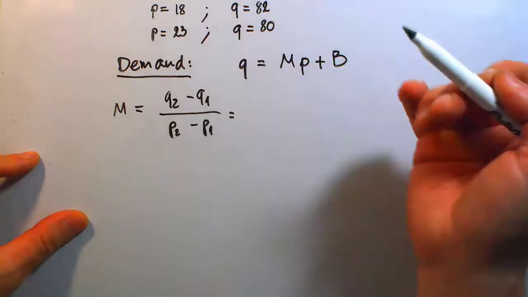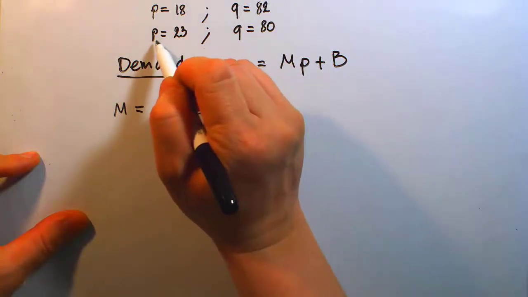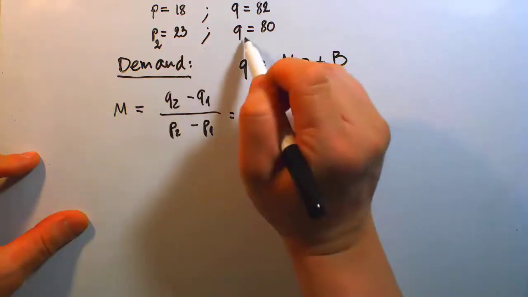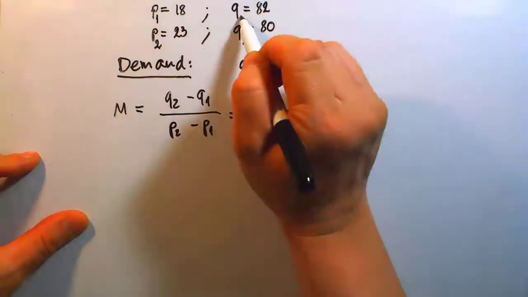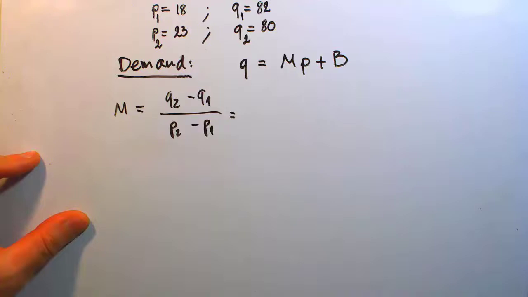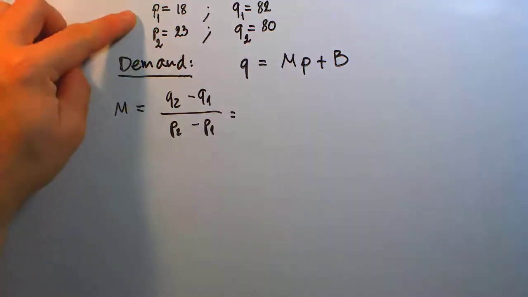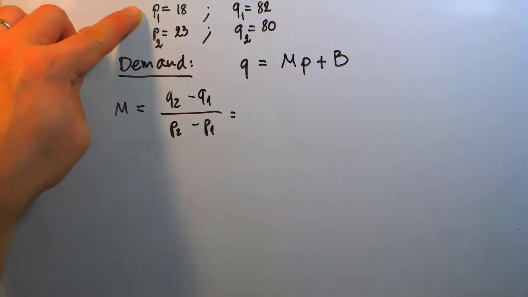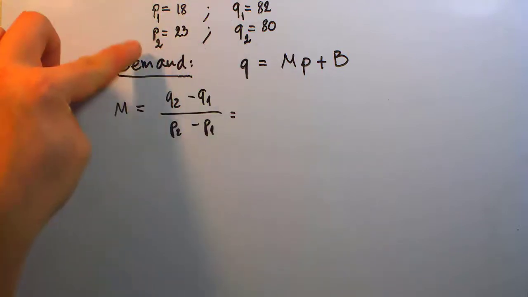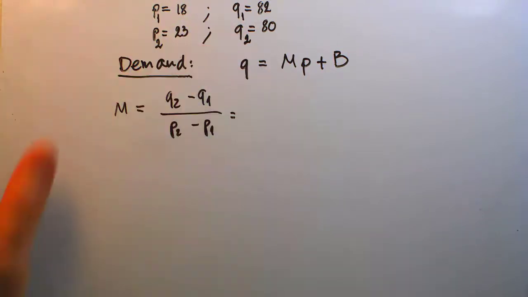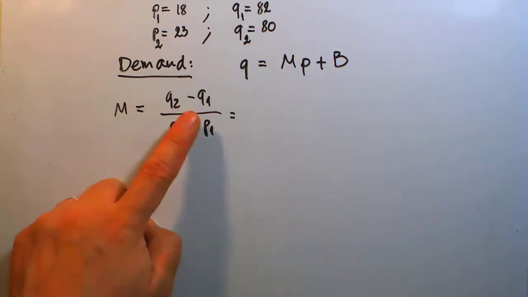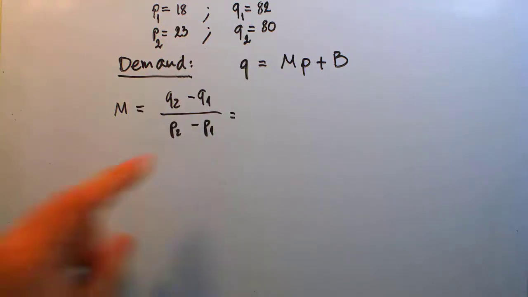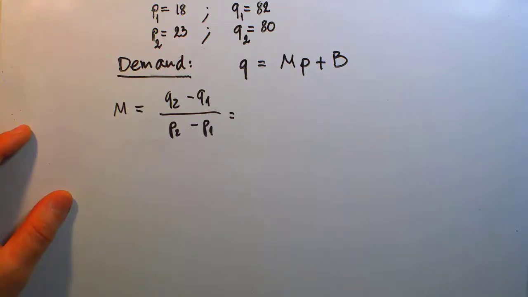So I'm going to call this P2 and this Q2 correspondingly, and then this is P1 and this is Q1. But you can rename them the other way around. It's your choice. The formula is just to make sure it's in this order: Q2 minus Q1 divided by P2 minus P1, for whichever you call P2 Q2 and P1 Q1.